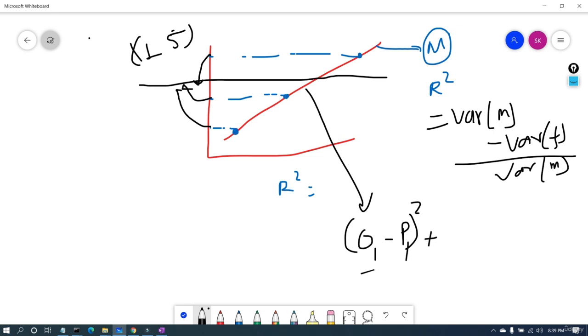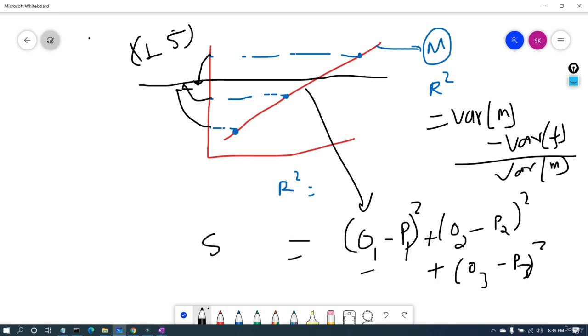Similarly, for the second data point, O2 minus P2, and for the third, O3 minus P3. This is our sum of squared error. If I divide the sum of squared error by n, the number of data points, in this case 3, then it is the variance.